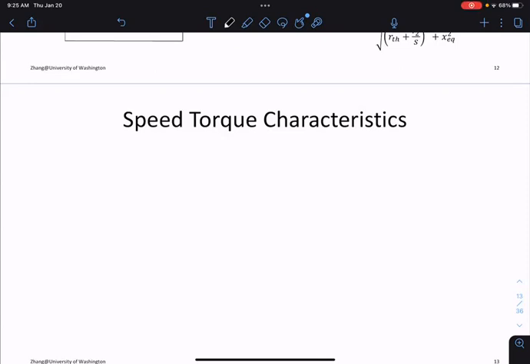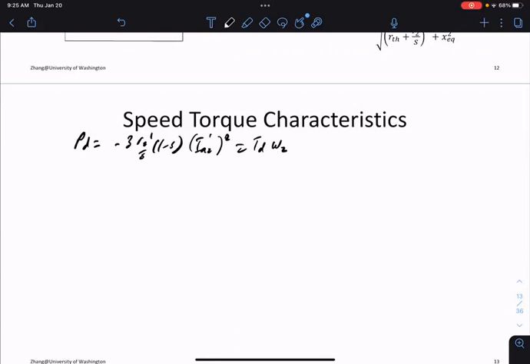Okay, so we can see this by writing out an equation for torque. This is minus 3 R2 prime S over 1 minus S, times IA2 prime squared. This is the developed torque by definition.